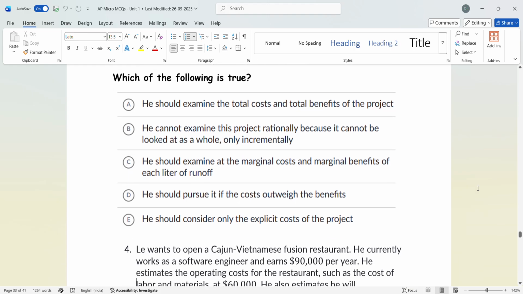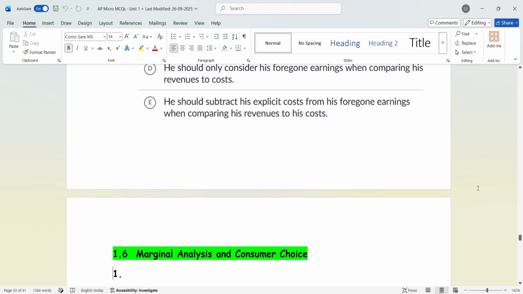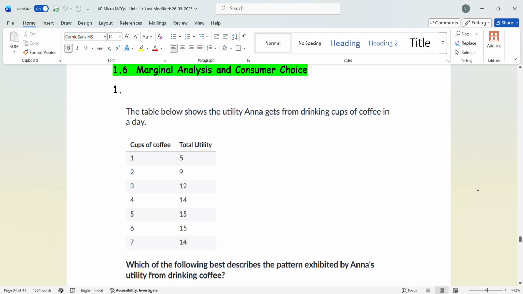Okay. And I would also like to give you three of the marginal analysis ones. The table below shows the utility Anna gets from drinking cups of coffee in a day. So I've given you the table. Which of the following best describes the pattern exhibited by Anna's utility from drinking coffee?